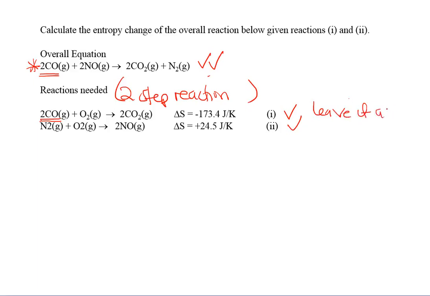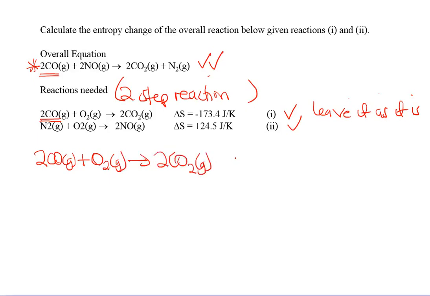Do not tamper with reaction 1. So I'll just write it here as it is: 2CO gas plus O2 gas to give us 2CO2 gas, and then the delta S is equal to negative 173.4 joule per Kelvin.